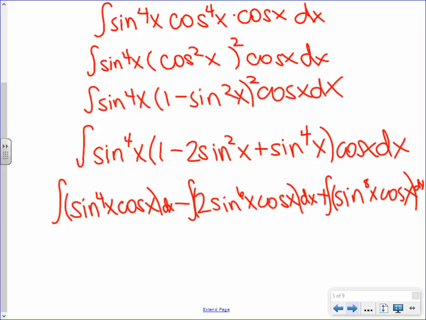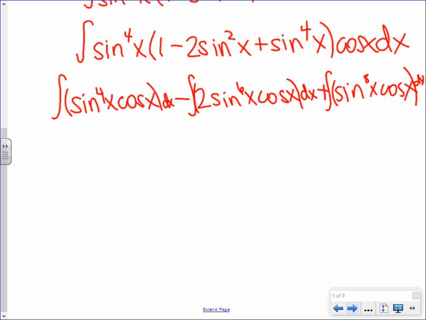So we're going to do the same u du substitution for all 3 integrals, but we're just going to write it once because we don't need to be redundant. What's u going to be? Sine x, which makes du cosine x dx, and we have cosine x dx in each of these integrals to replace with du, so that works out perfectly.